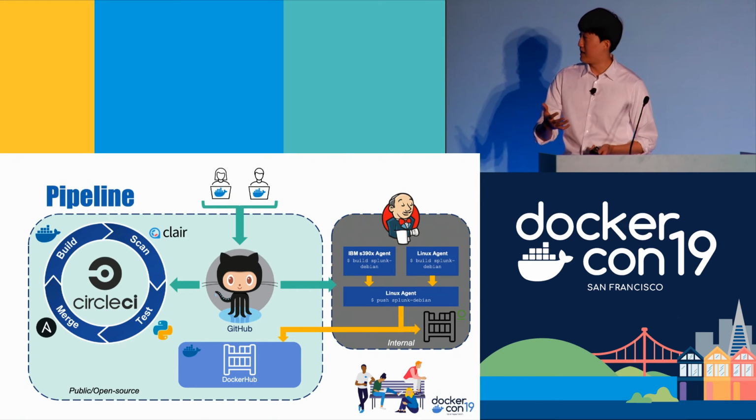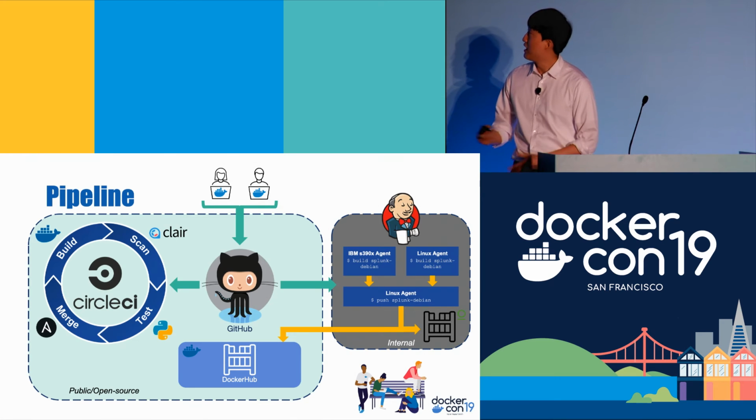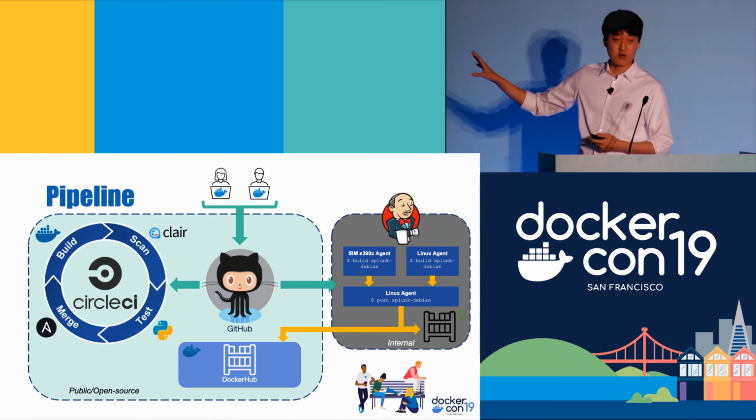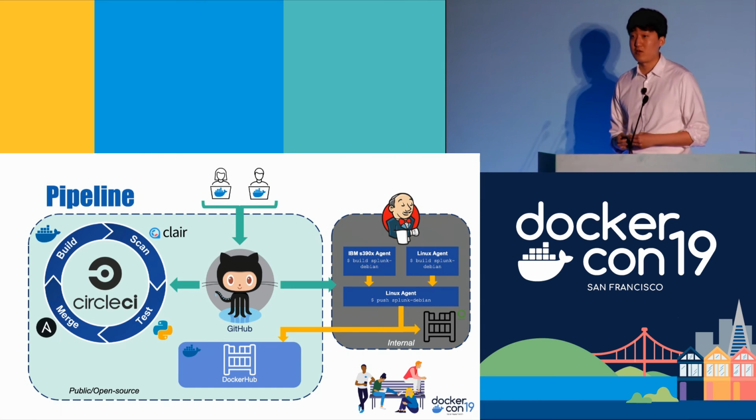After the tests pass, it merges onto GitHub, and then our internal Jenkins pipeline fetches the GitHub code and builds internally.